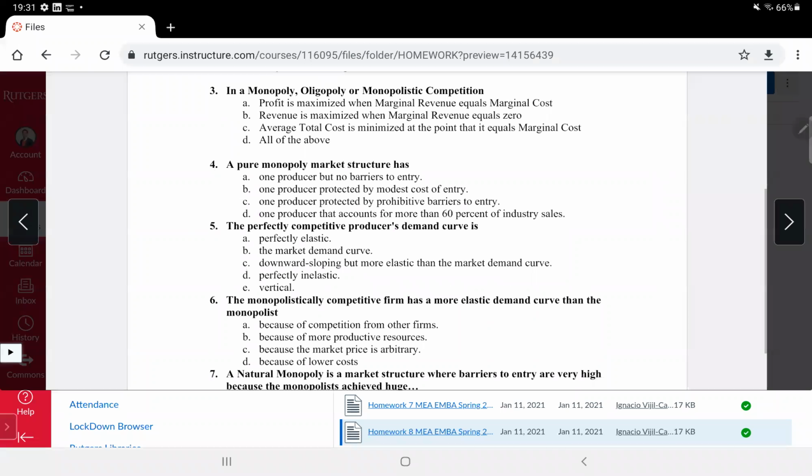So the perfectly competitive producer's demand curve is perfectly elastic. A, I don't see all of the above, so therefore it's just going to be A, 5A, because it's not the market demand curve, it's not downward sloping, it's not perfectly inelastic, and it's not vertical. So 5A.